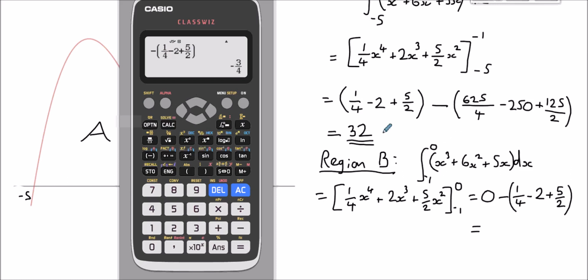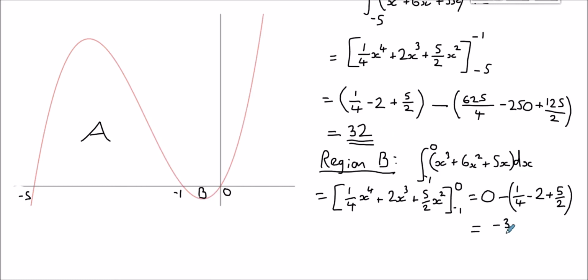We get -3/4. So it gives us a negative area, but of course you can't have a negative area, so we interpret this as being an area of positive 3/4. So therefore the area for region B is going to be 3/4.